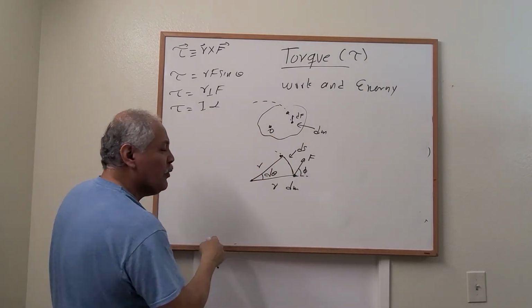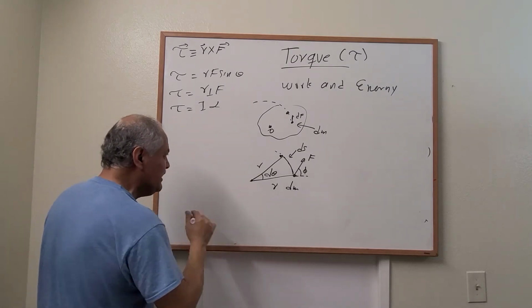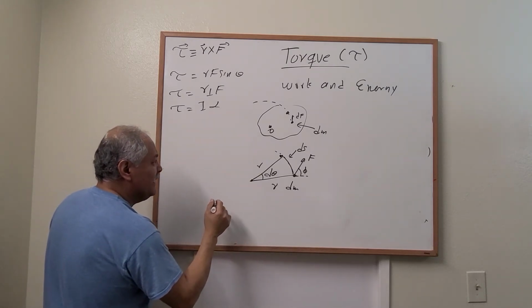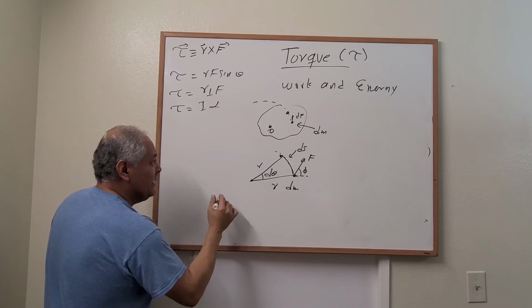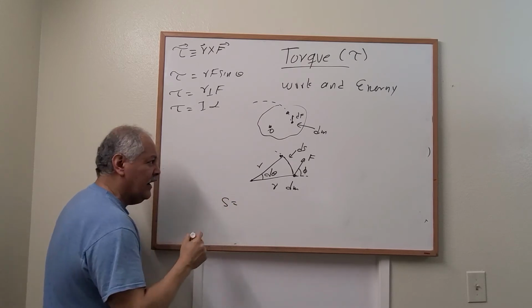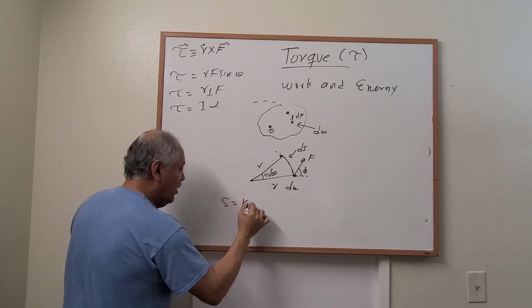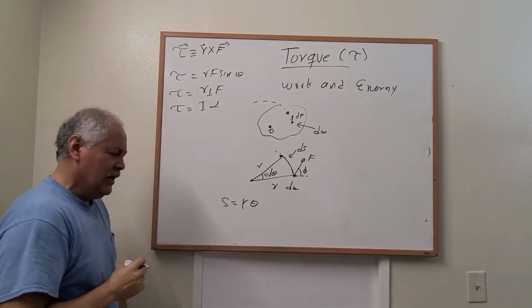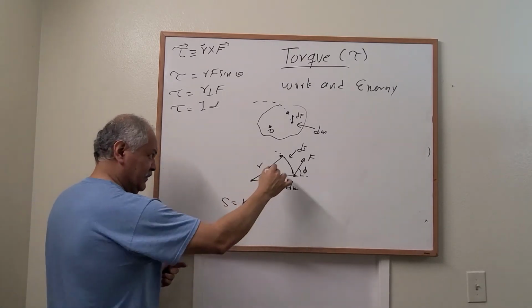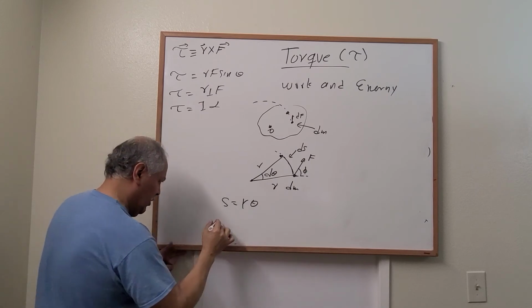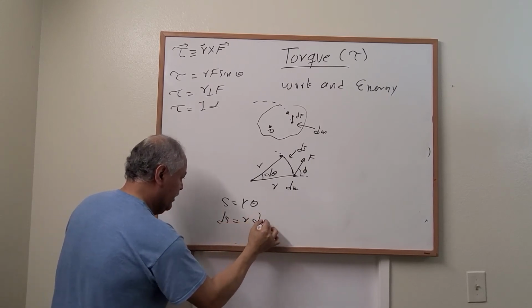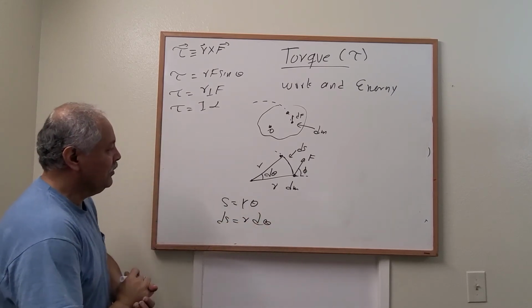Now let's see what happens when we apply torque. We have that S, remember, is defined as R times theta. Let's take the infinitesimal changes. So ds is equal to r d theta, correct?